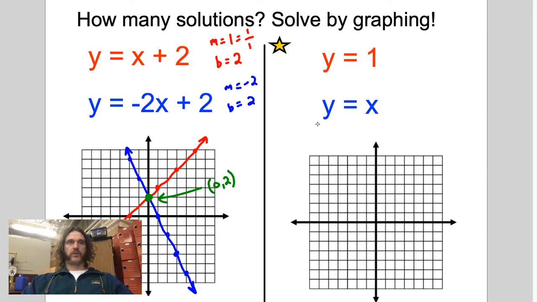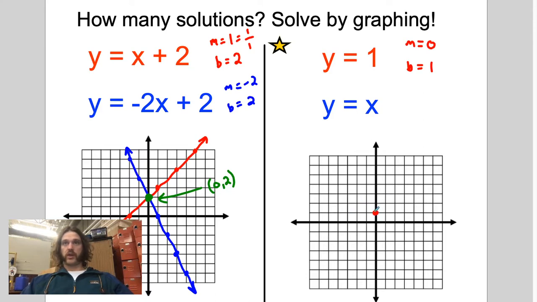All right, y equals 1. So let's do the red one first, and give that a shot. m equals, b equals. Okay, m, the slope, is always the coefficient of the x term. There is no x term, so that means the slope is 0. Our y-intercept is 1, so this has y-intercept 1 and slope 0.